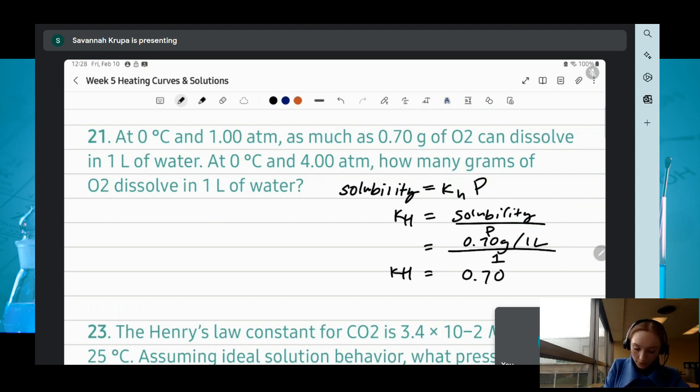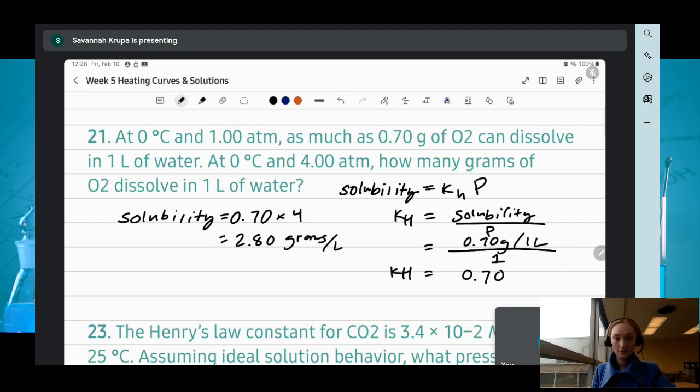And so we will set it up equal to solubility this time, using the same KH value we just calculated, the 0.70, and at 4 atmospheres times by 4, we will get a value of 2.80 grams per liter, because it is in solubility units, and because it was asking how many grams dissolve in 1 liter of water, we can just multiply this by 1 liter and it'll give us 2.80 grams still.